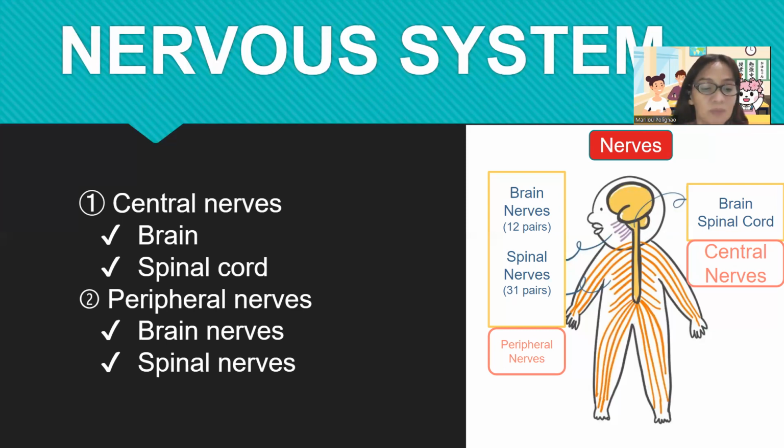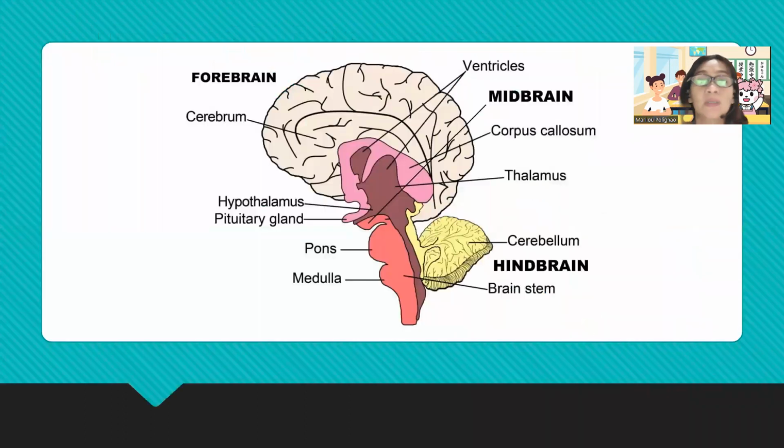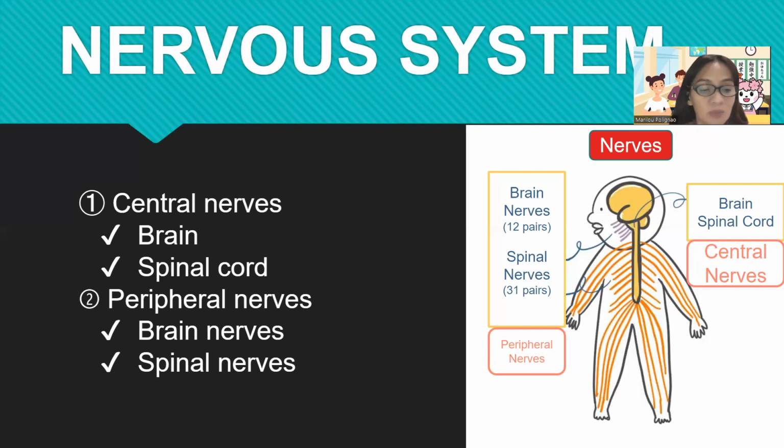Okay, the peripheral nerves, cerebral nerve, and spinal nerves. Okay? So, yan po naman ay ang ating, the peripheral nervous system is divided into anatomical classification.